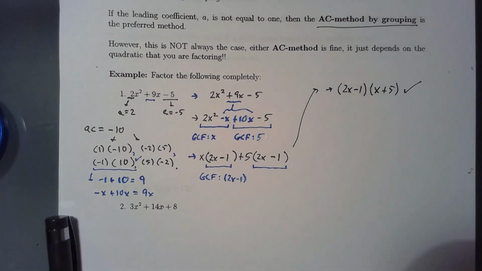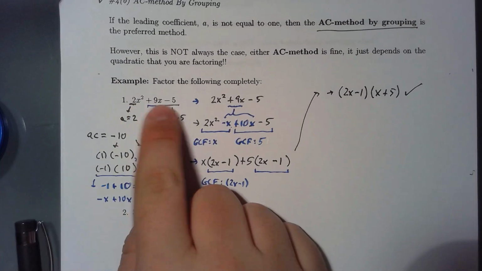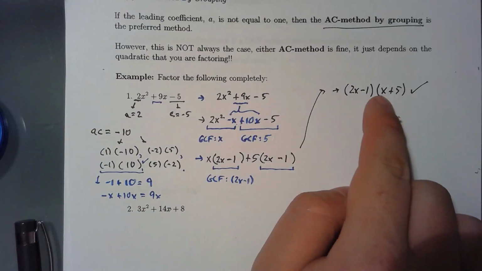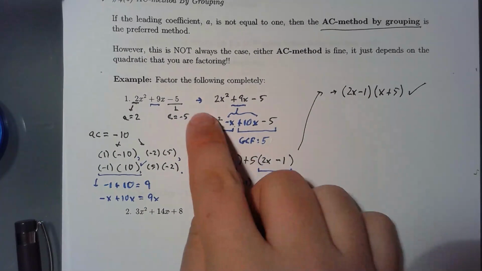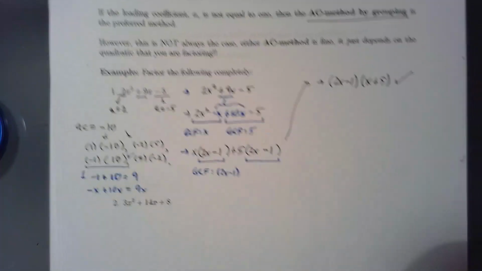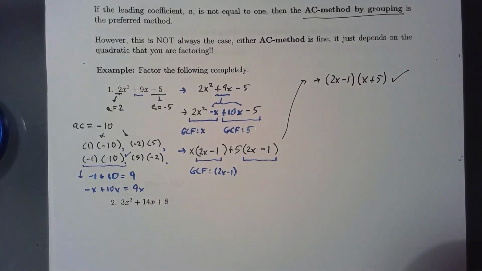Again, either one is going to work. So if you did the trial and error method here, you're still going to get this. You're just going to do it a different way. If you list all the possibilities, eventually you'll get to this possibility. All right.